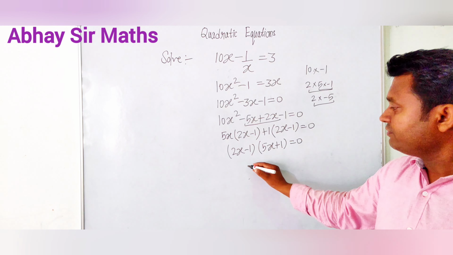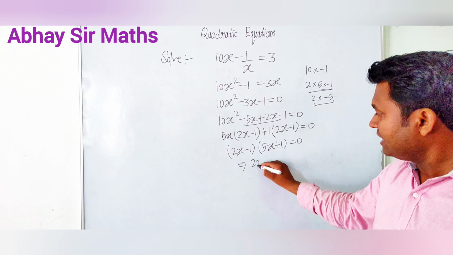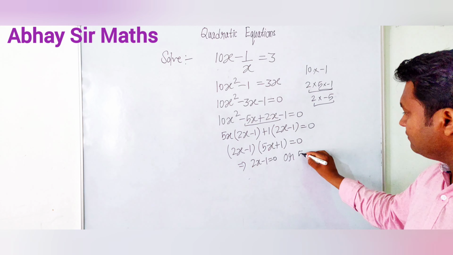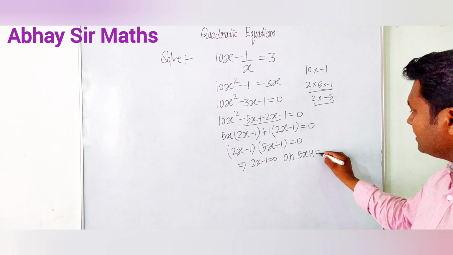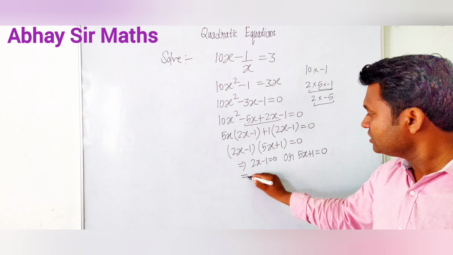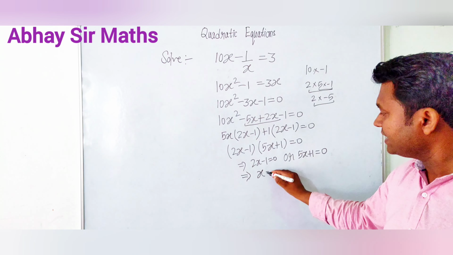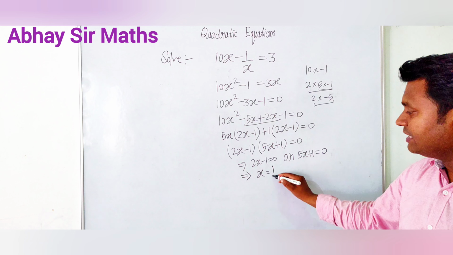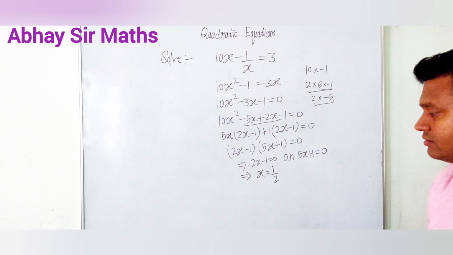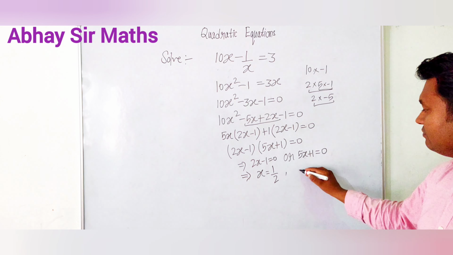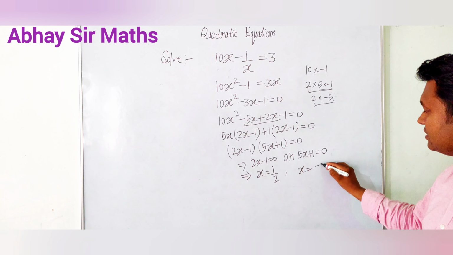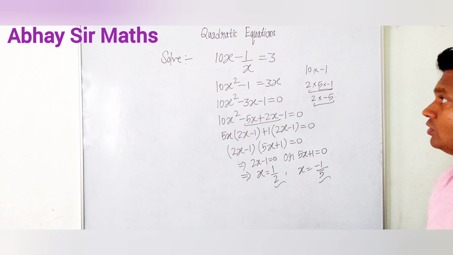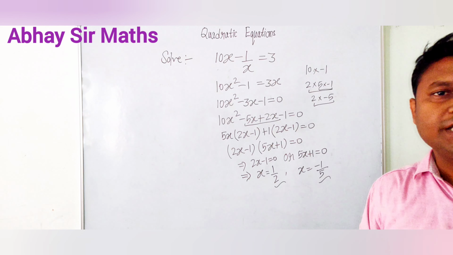Now time to get the value of x. This means either 2x minus 1 equal to 0 or 5x plus 1 equal to 0. If this is 0, minus 1 goes to the other side, becomes plus 1, and this 2 is in multiplication, so it comes in the denominator: x equals 1 by 2. And from this, plus 1 goes to the other side, minus 1, and 5 comes in the denominator: x equals minus 1 by 5. So these are the two values for this quadratic equation.